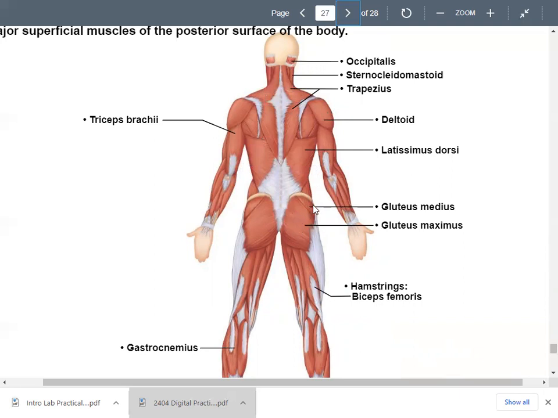Behind, you've got your gluteus maximus, also your gluteus medius. Okay, it's a smaller muscle. So just like the anterior surface, you have the quadriceps group. On the posterior surface, you have the hamstring group. Major muscle here is the biceps femoris.